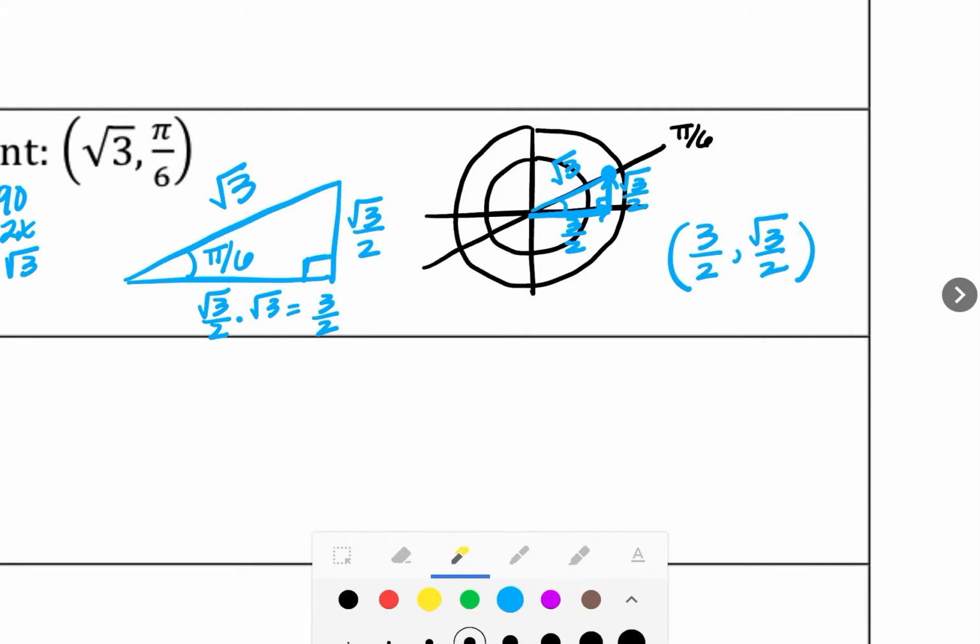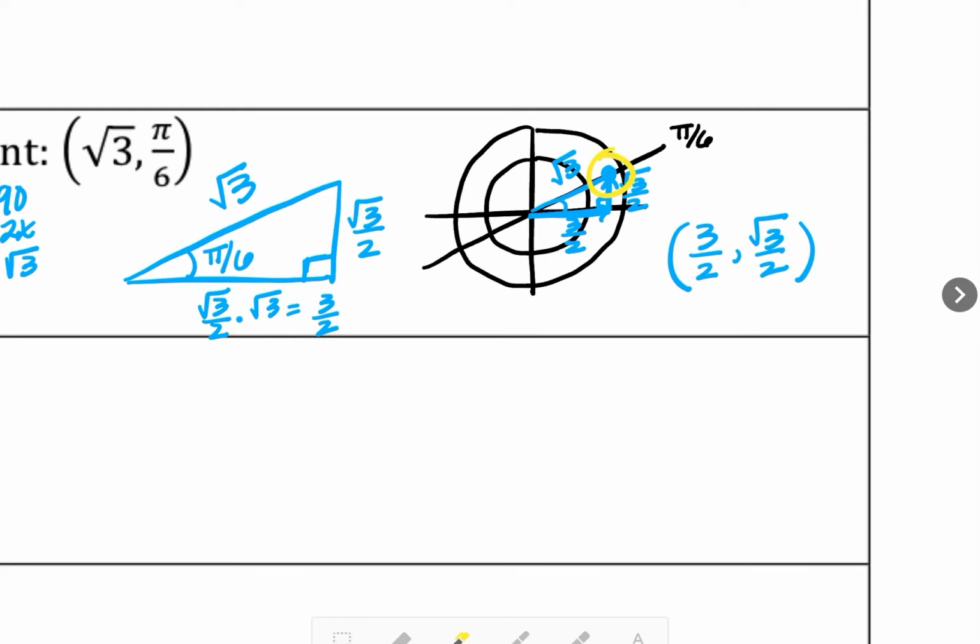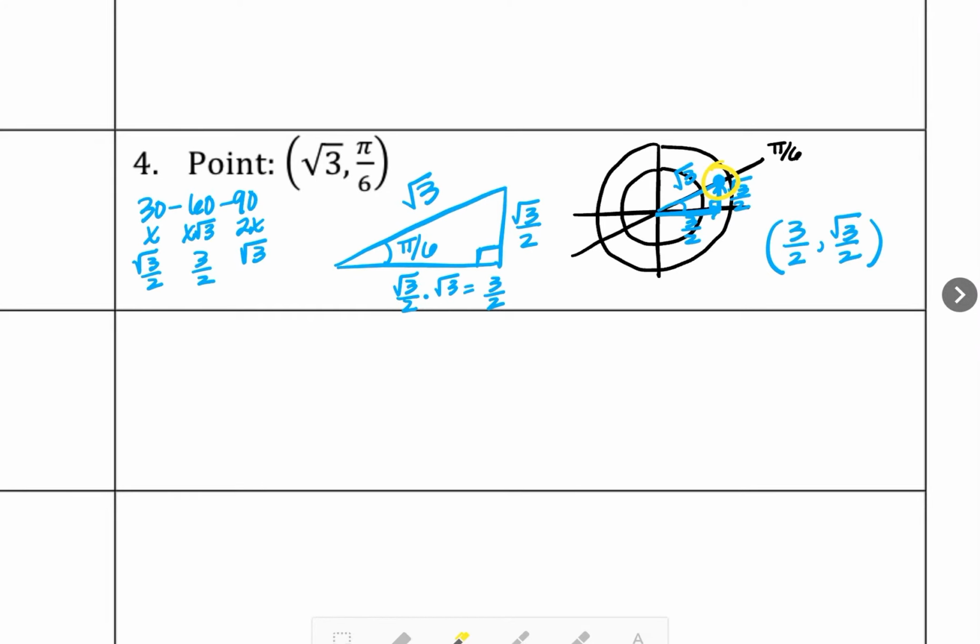Again, I started by drawing the point, just like in the other direction where I went from rectangular to polar. I drew a right triangle to that point. And now I'm just finding the x-coordinate and y-coordinate, adjacent and opposite, representing x and y.